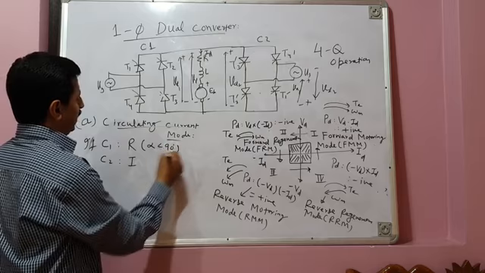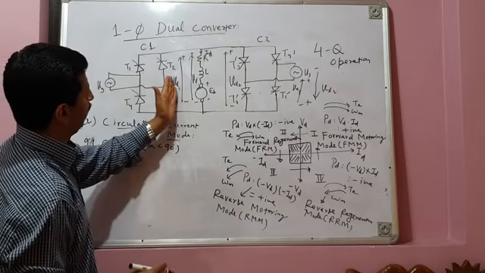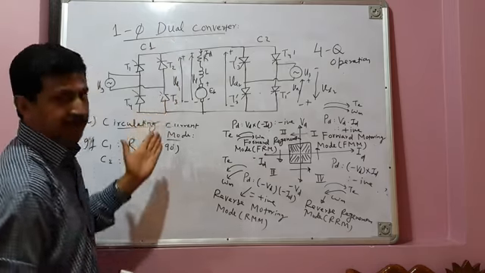That means if converter 1 is operated in the rectification mode for alpha less than 90 degrees, and it produces output voltage plus minus like this, converter 2 has to operate in inversion mode. Say this is alpha 1, this is alpha 2. Alpha 2 has to be greater than 90 degrees.